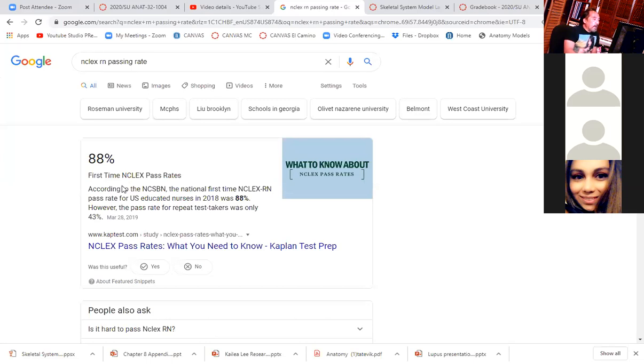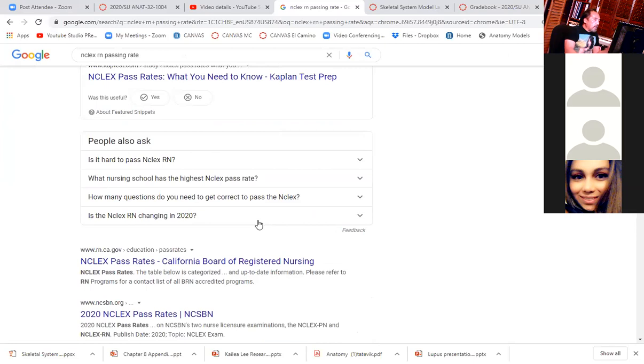Yes. Okay, so the passing rate on average of a person during the NCLEX exam is 88%. That means of 100 people who took the exam, 12 people didn't pass. They consider it as a passing rate.